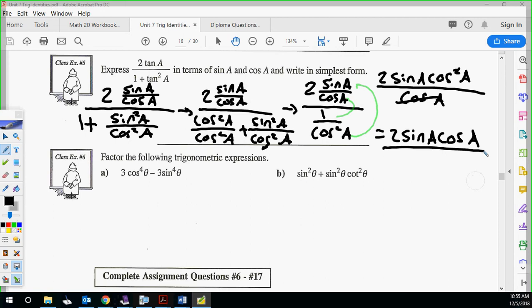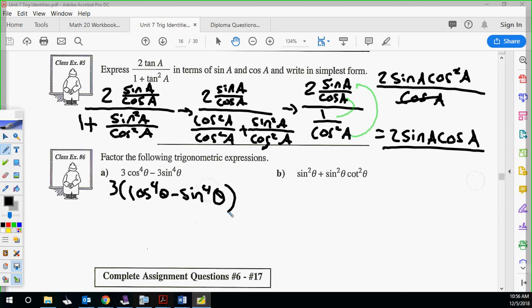Okay. These couple, they want us to factor now. Okay, so they want us to factor the following trig expressions. So what would you do first here? I'd take out a 3, yeah. Now let's see who can see the next piece here. Not 4th root.